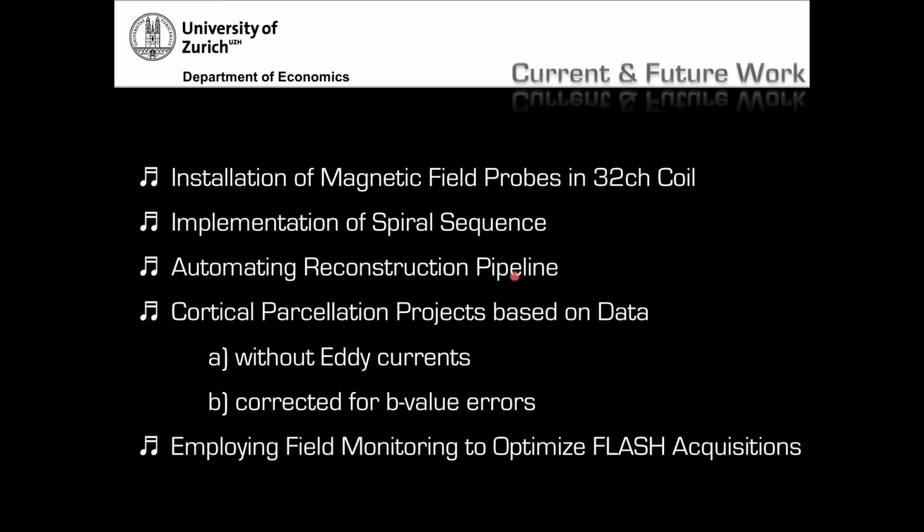They don't even have to know that field monitoring was done during their experiment. And of course, all this goes into our main focus, which is what we started with, which is cortical parcellation. And based on that, hopefully, data doesn't have systematic artifacts that would be confounds to our question of how well the diffusion signal fingerprints cortical tissue.